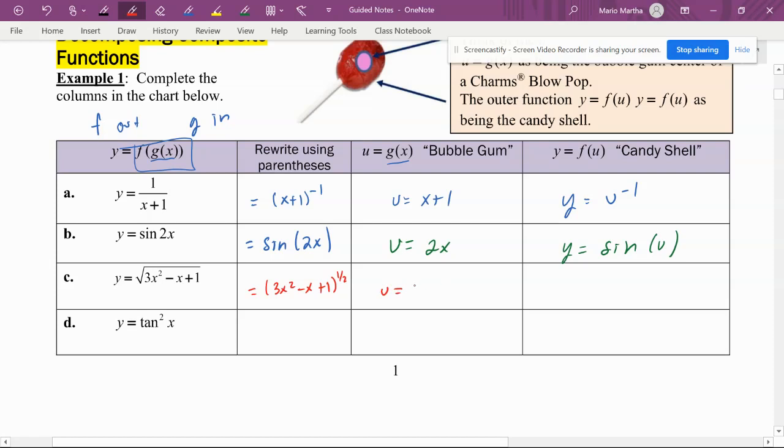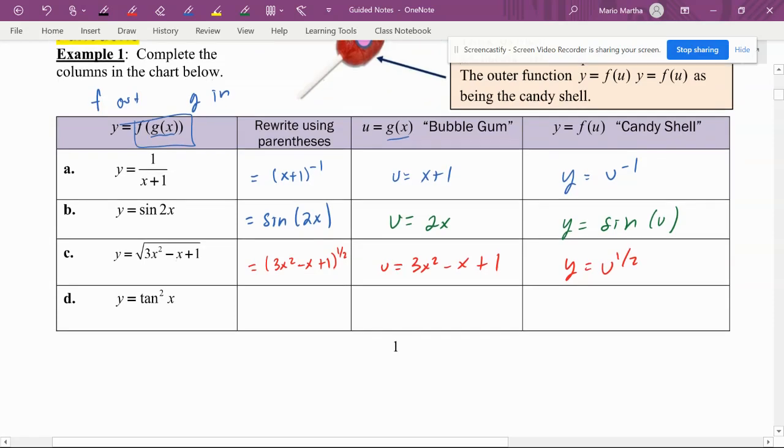In this case, it happens to be 3x squared minus x plus 1. And then our external function would be y equals u raised to the 1/2. So that becomes a lot simpler for us to actually be able to solve it, all right?